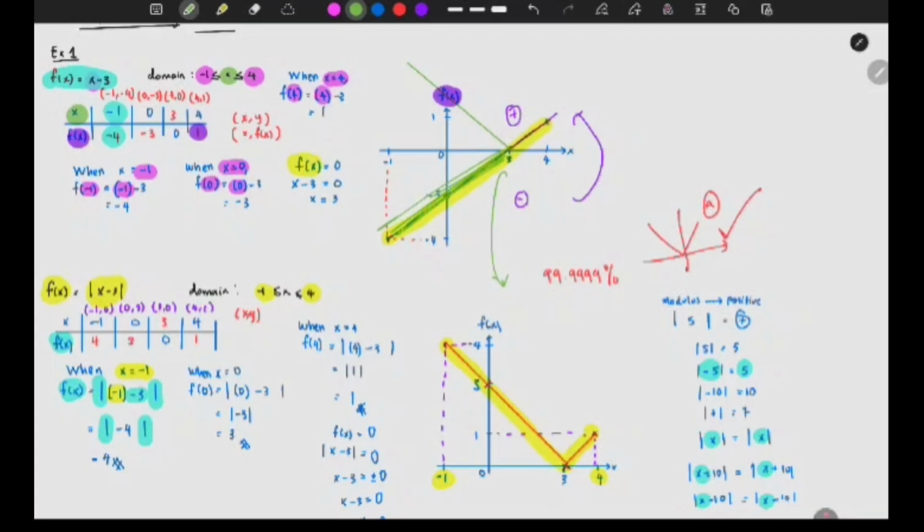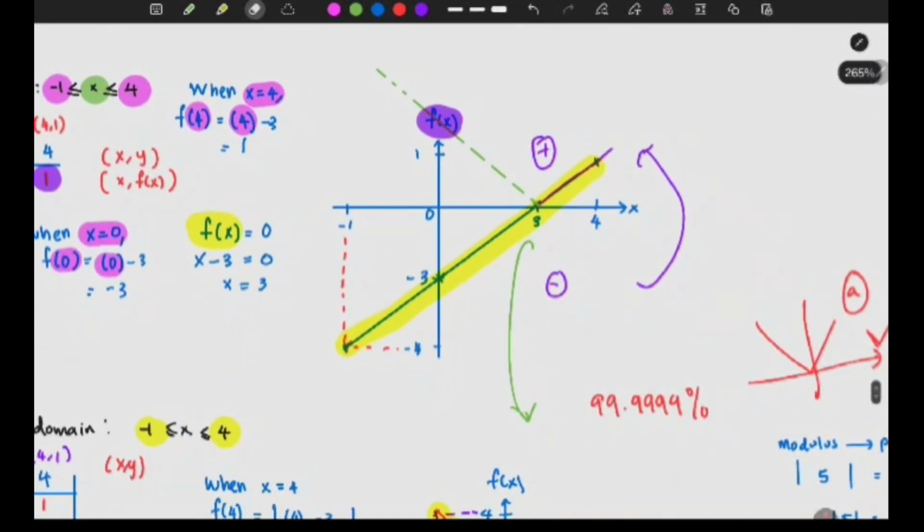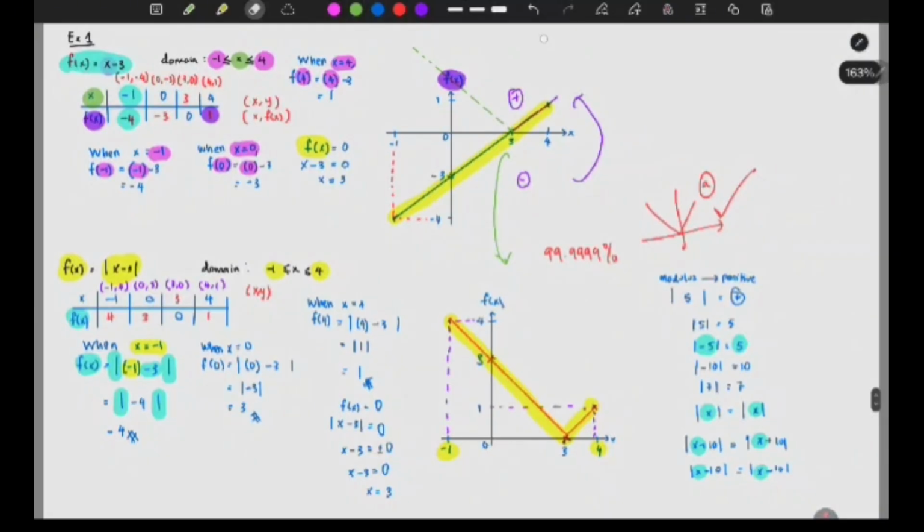Okay, it's too ugly to see this type of drawing. Let me draw a dot so it's nice to see. Looks better. So clear about this, what the modulus makes? So that's why you get a V shape or a tick shape.